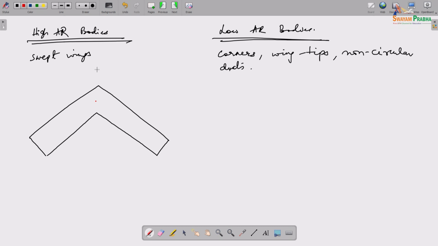So let's just say this is your x, right, and then of course you have one in the plane of the board, which is what I was actually trying to draw. So maybe I could draw that also. For example, I could actually draw it like this, a swept wing.